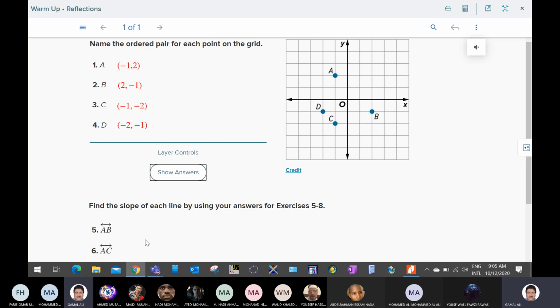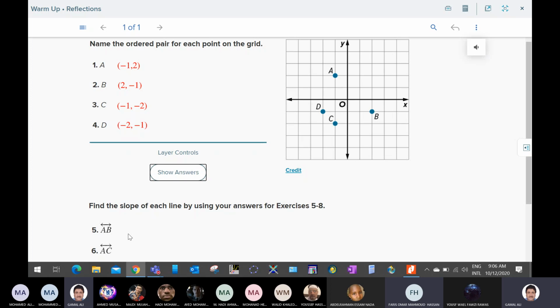Fares Omar, yes, sir. The slope of AB. Point A is 1 and 3, and B is negative 1 and 3. The slope. That's direct slope. Okay, one second.